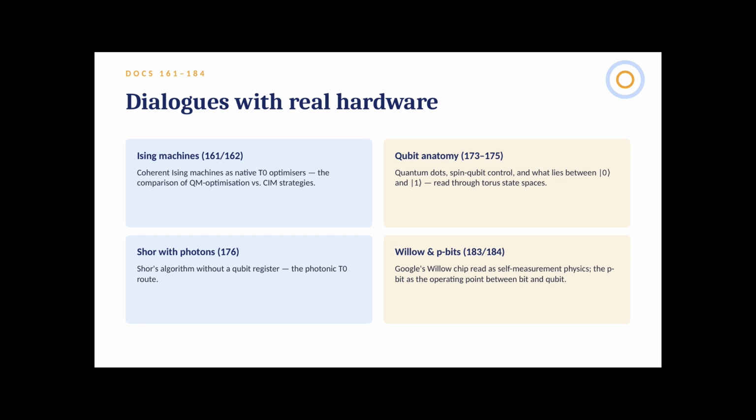Second, qubit anatomy, documents 173 to 175: quantum dots, spin qubit control, and the question of what actually lives between the 0 state and the 1 state, read through the state spaces of the torus. Third, Shor's algorithm with photons, document 176, running Shor without a conventional qubit register on a photonic platform.